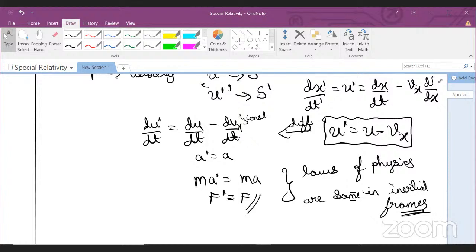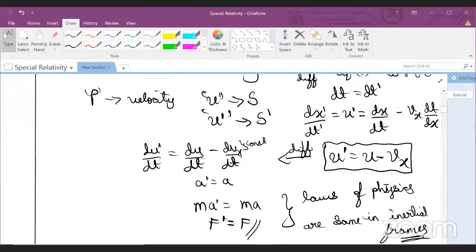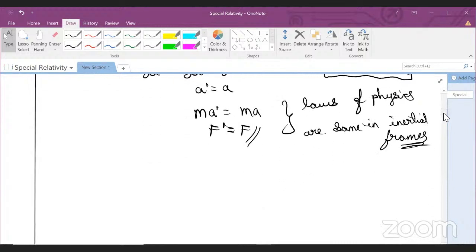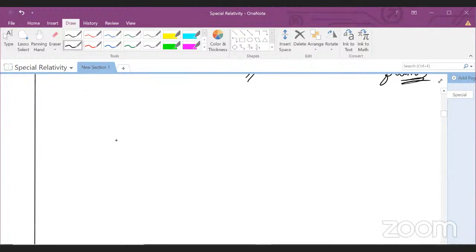Now, what if the frame is moving at a very high speed? And there is also a problem with this Galilean relativity when we try to measure the speed of light in different scenarios. For example, we know that the speed of light is c, given by 1 by square root of mu naught epsilon naught, right?